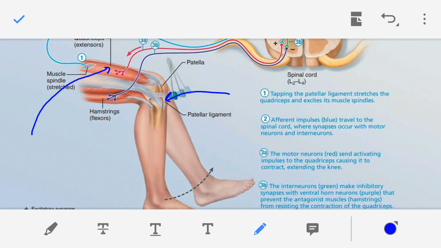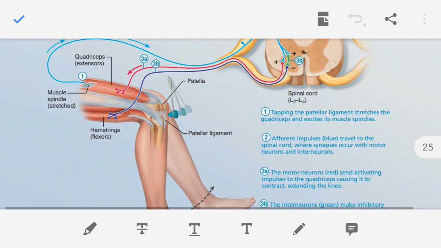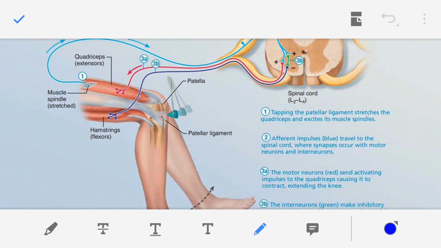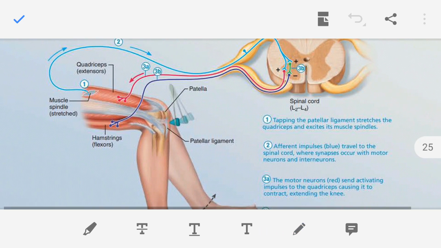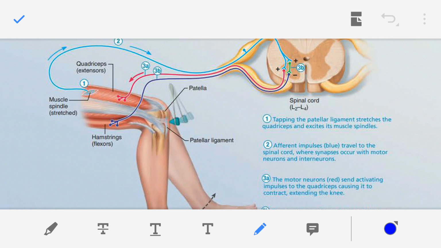And as the quadricep muscle has stretched, this excites the muscle spindle in the quadricep muscle. So now the muscle spindle has been excited.